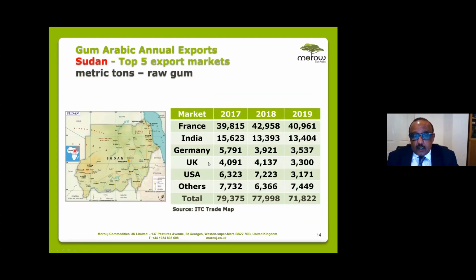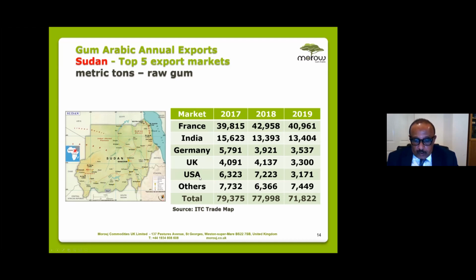This graph is showing where the Sudanese gum goes, the top 5 export markets: France, Germany, UK, and USA.